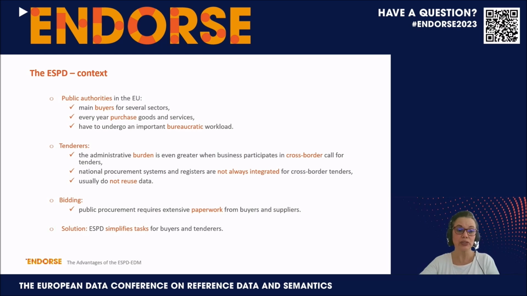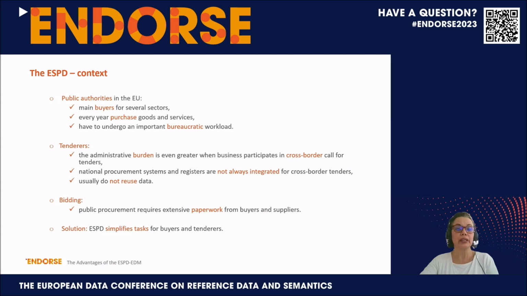The tenderers on their side also have a very big administrative burden to answer the tenders, especially if there are cross-border tenders, and especially if they are in the situation of Balázs, who owns a small or medium-sized company. National procurement systems and registers are not always integrated for these cross-border tenders, and usually they cannot reuse data. So the so-called paperwork for buyers and suppliers requires a lot of time.